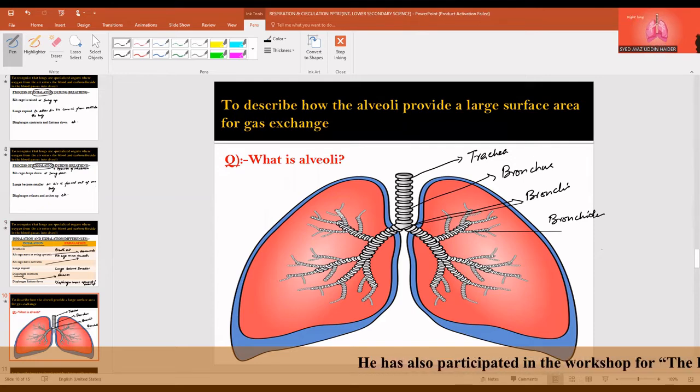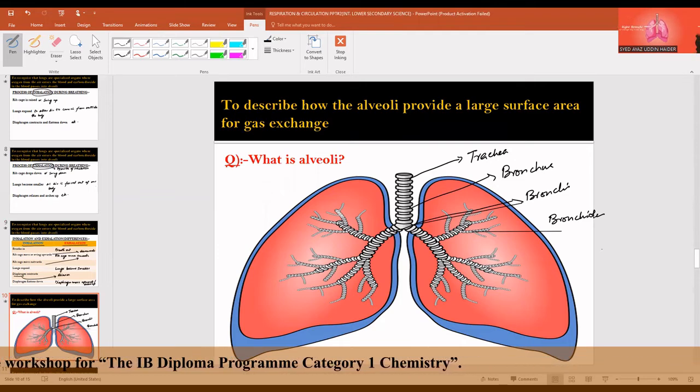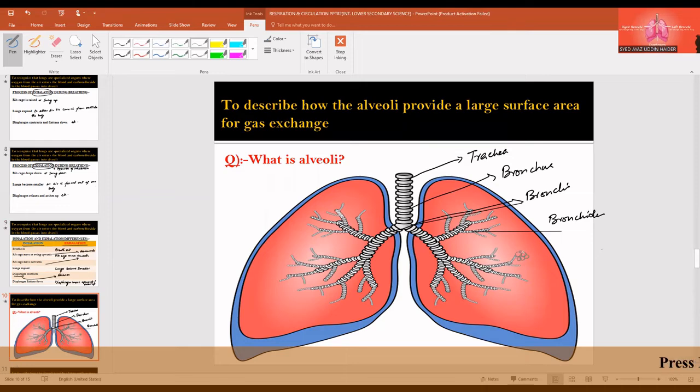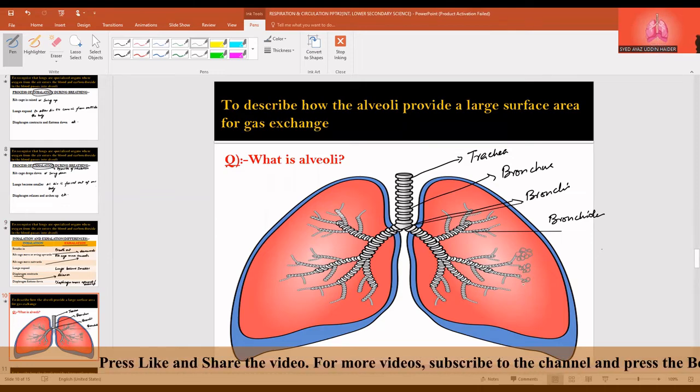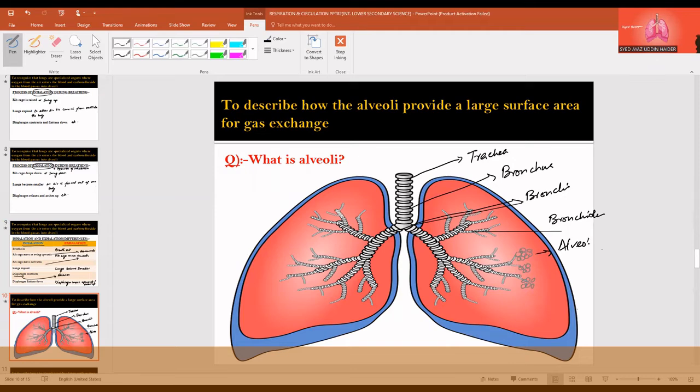Now, these bronchioles end on air sacs called alveoli. Here you are having small air sacs, lots of air sacs known as alveoli. Alveolus is the singular.